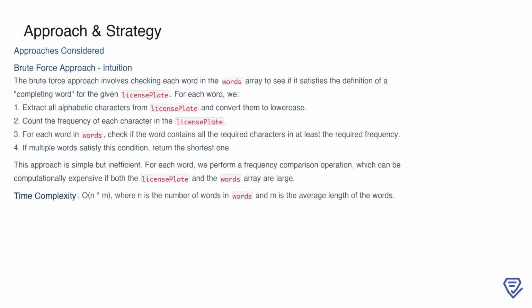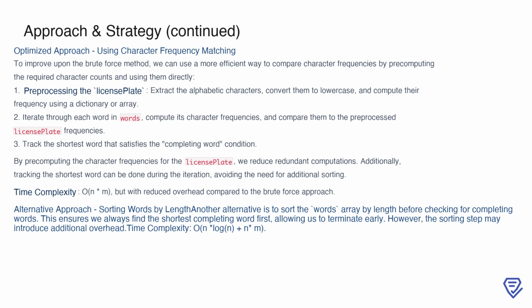To improve on the brute force approach, we can implement an optimized method that uses character frequency matching more efficiently. Instead of recomputing the frequency of characters in the license plate for every word, we can pre-process this information once at the start. Specifically, we extract the alphabetic characters from the license plate, convert them to lowercase, and compute their frequency using a dictionary or array.